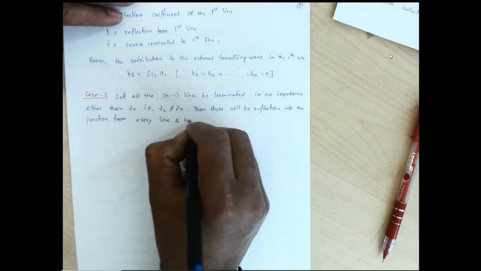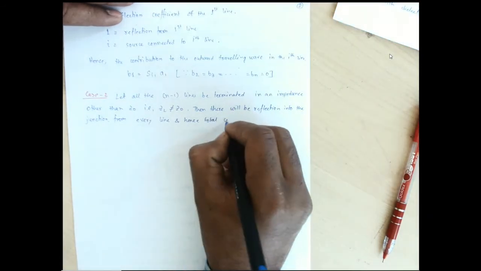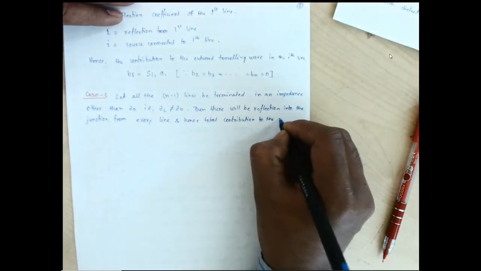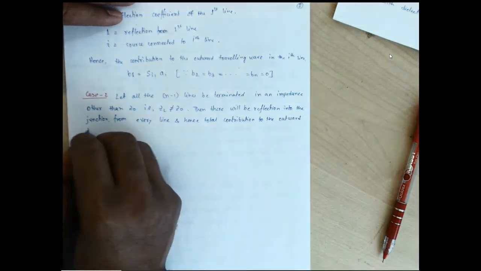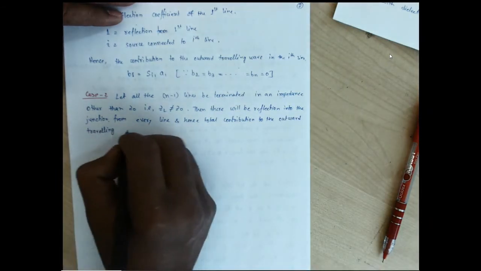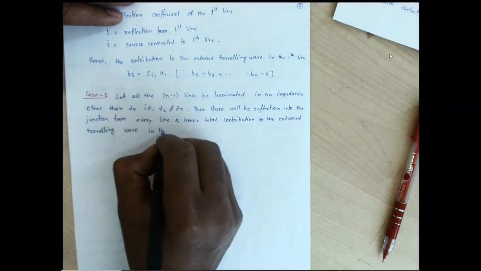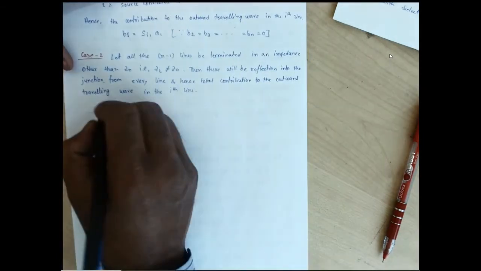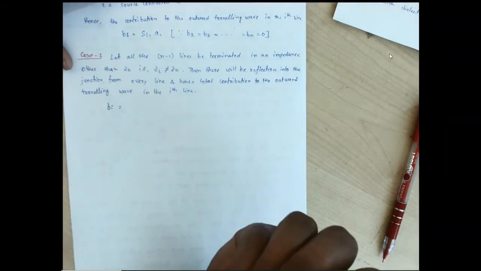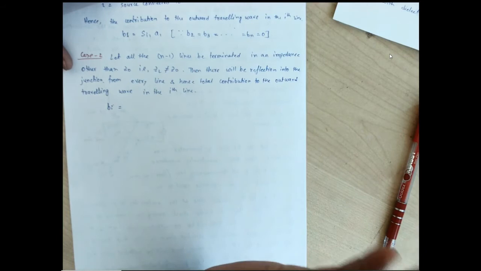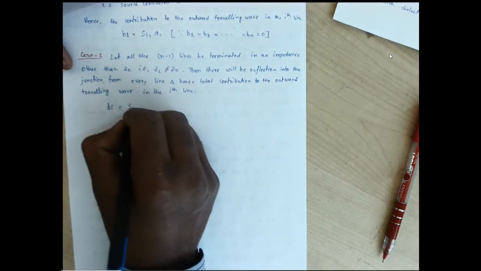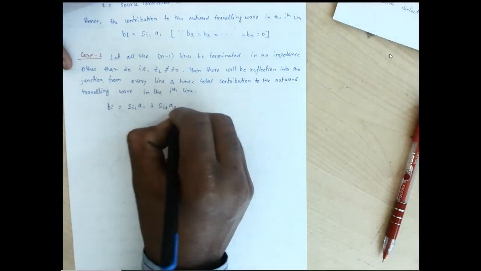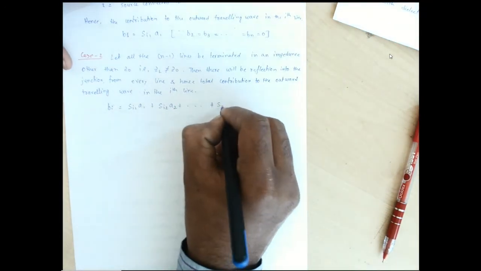And hence the total contribution to the outward travelling wave in the ith line, that is Bi, where i can be any line, will be S_i1 A1 plus S_i2 A2, in this way, plus S_in An.